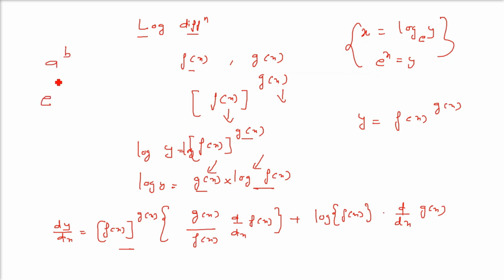So a to the power b, you can write as a to the power log base a of b, with a as the base. That is, b will come in front, so we have b log a, they are all the same. One thing is very clear, e and log cancel out. That is how a to the power b will come. So a to the power b will be e to the power b log a.